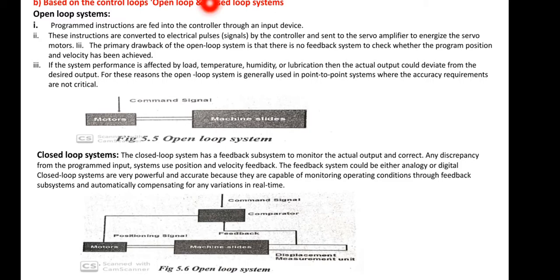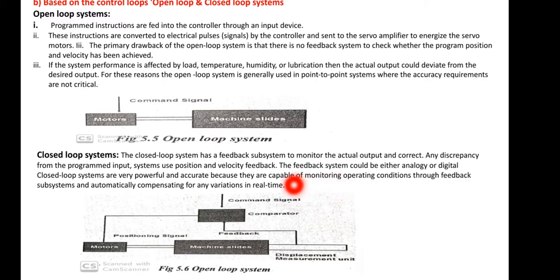In open loop system there is no feedback control. In closed loop system there is a feedback control. So we can get the information whether, as per the program of instructions, the machine tool is working with accuracy, with perfection or not.